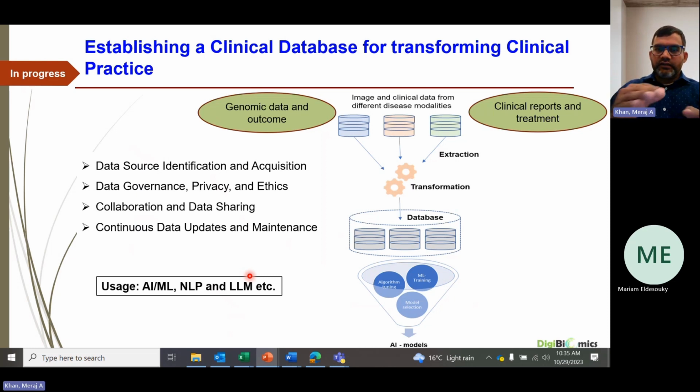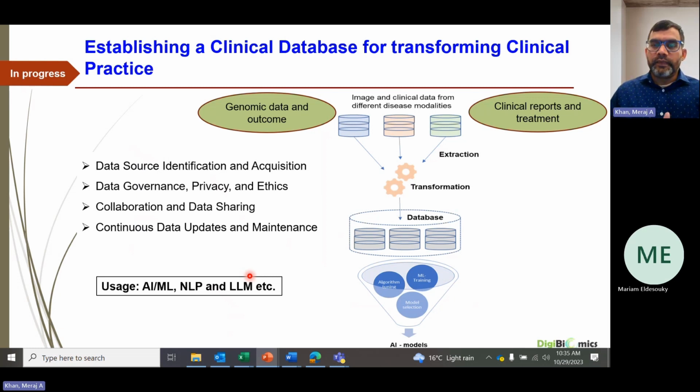And along with that, we will also be collecting genomic data, because that is related to many diseases and disorders, including rare diseases, so that our data bank will be strengthened.